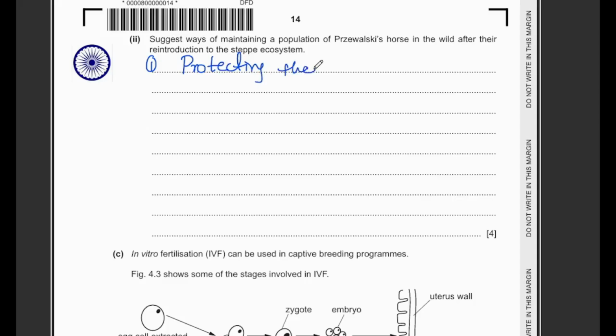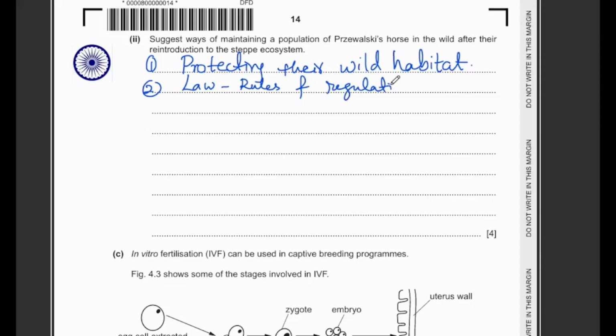The second one is we should have laws, that is rules and regulations, to protect them from hunting or from poachers.